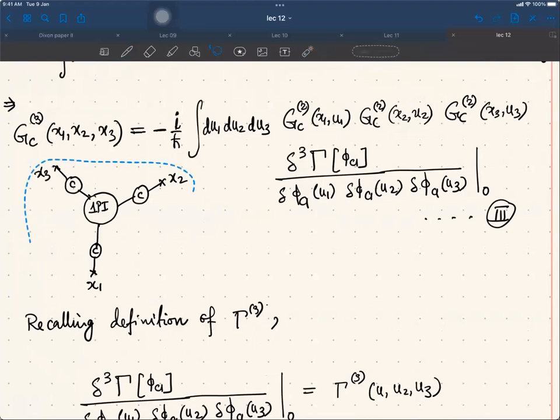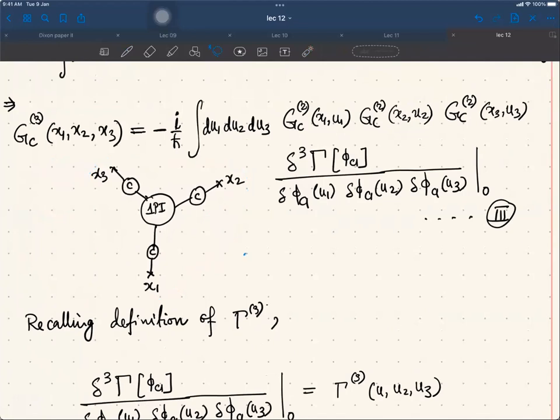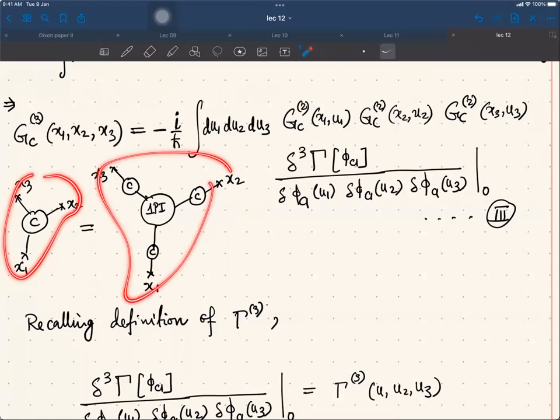This is on the right hand side. On the left hand side, it is... right. So whatever diagram we have there is basically this structure. We replace this by this.